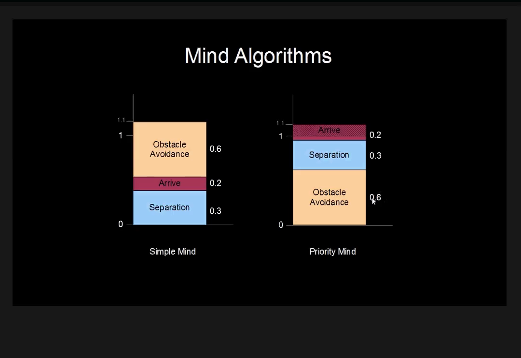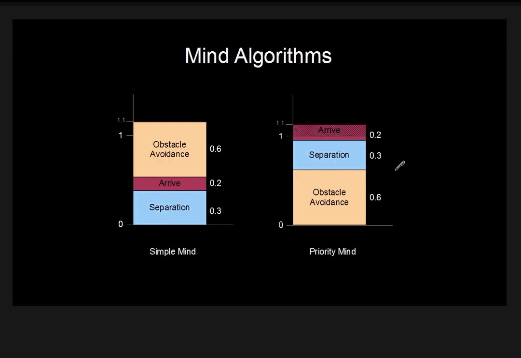This means we have 0.6 plus 0.3, and the remainder is 0.1. This means just a value of 0.1 of the arrive behavior falls into the calculation.